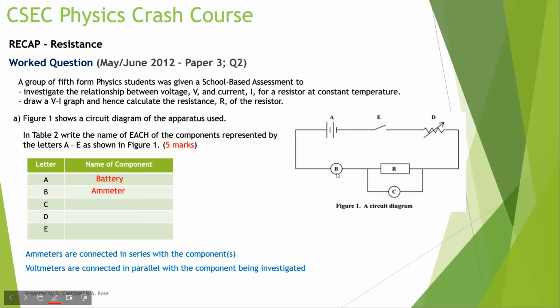And then C, which is connected in parallel, is the voltmeter, which is going to measure the potential difference across the resistor R. All right, moving on to D, we have a variable resistor or a rheostat, which is used to alter the resistance in the circuit so that you can get varying current and voltage readings. And finally, E is an open switch.